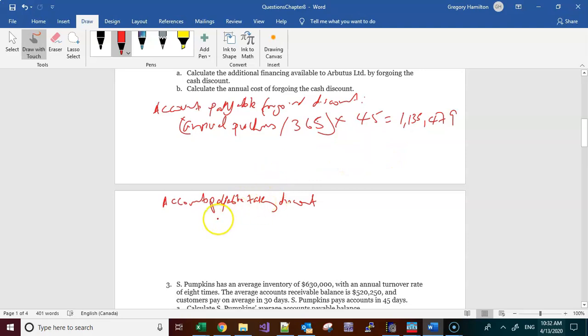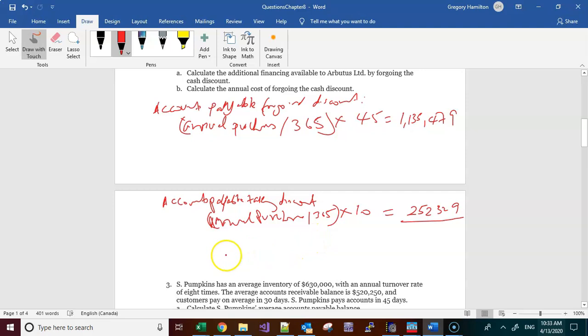Alright, so again we have annual purchases divided by 365 so we can find it for each day, and then we're going to multiply that by 10. If we had taken the discount, we would have it for 10 days, and that's what would have freed up.